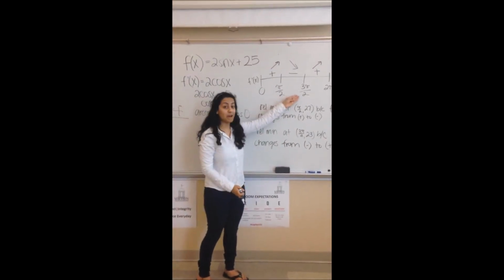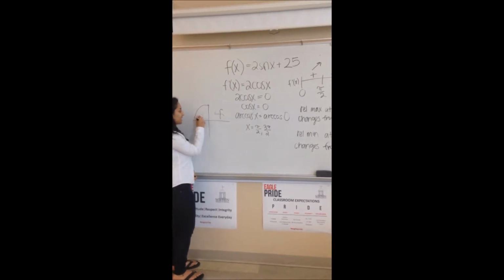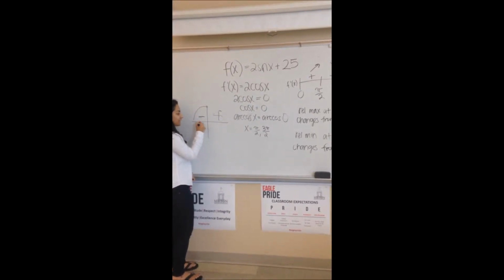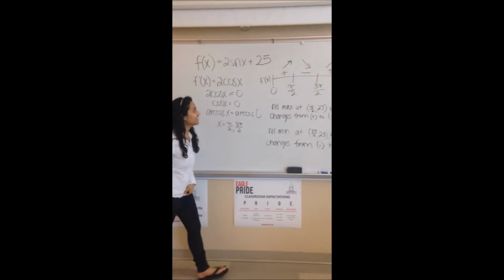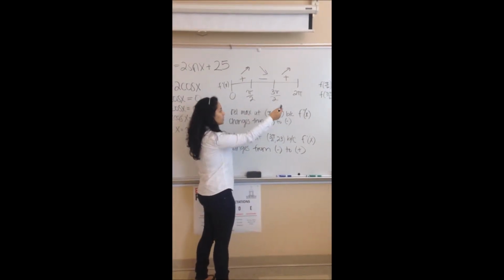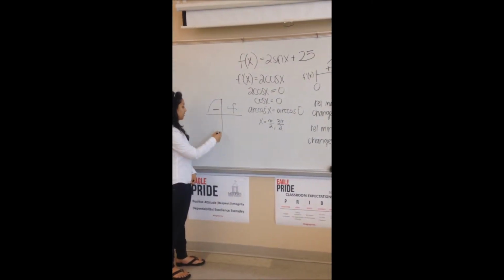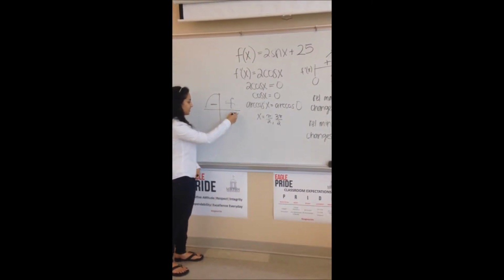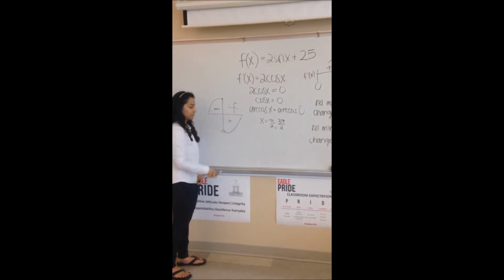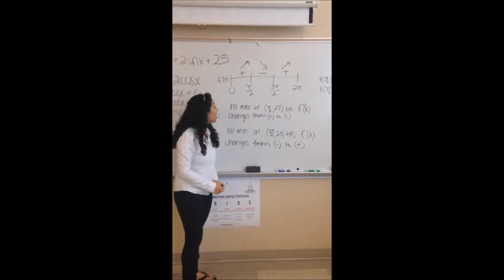From pi over 2 to 3 pi over 2, here to here, cosine is negative, because if you had x equals negative 1, that'd be negative. So there you get negative. And 3 pi over 2 to 2 pi is from here to here, and you would get a positive value.